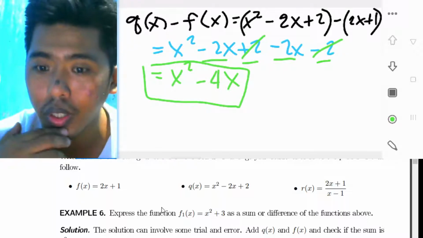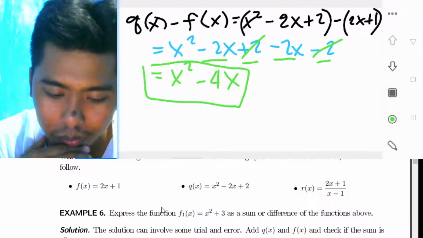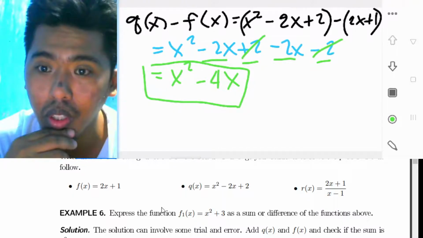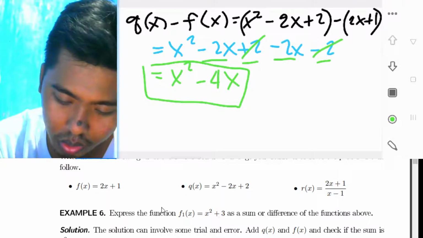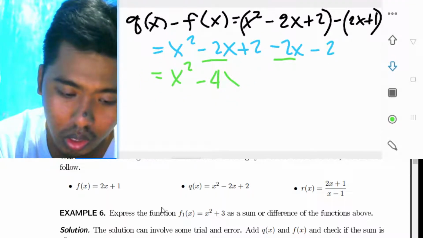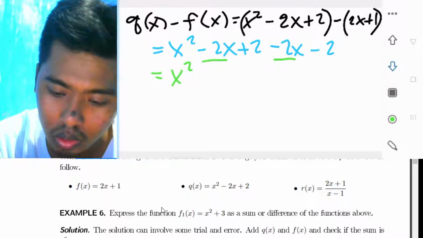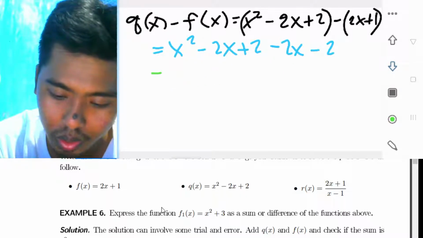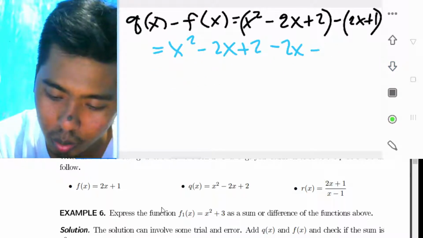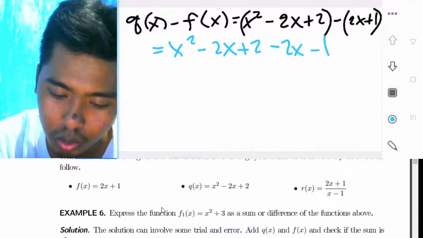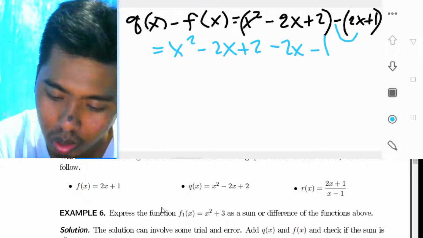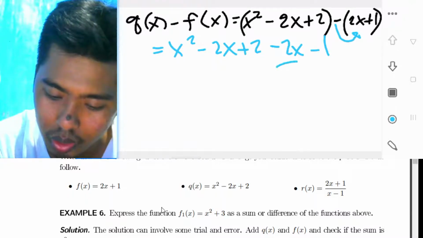Then therefore, wait, is there something wrong with this? Oh yeah, there is something wrong, because this is not negative 2. I'm sorry, this is just negative 1 here. Now let's proceed. Negative times 2x is negative 2x, and negative times positive 1 is negative 1.